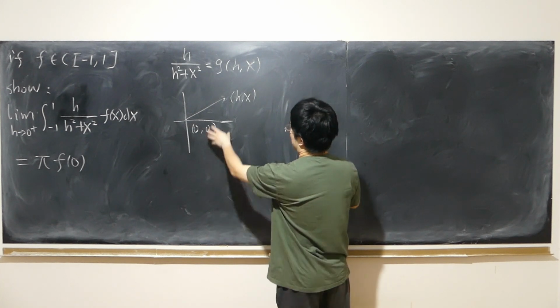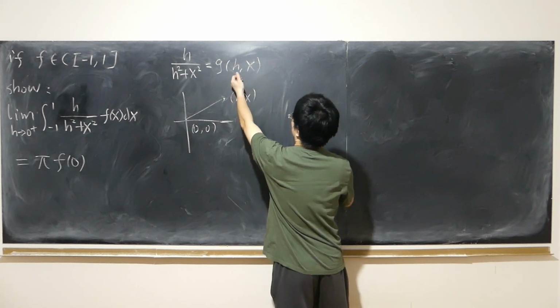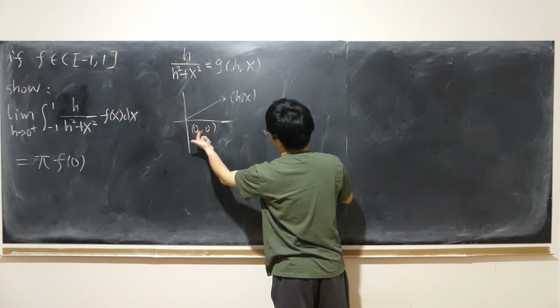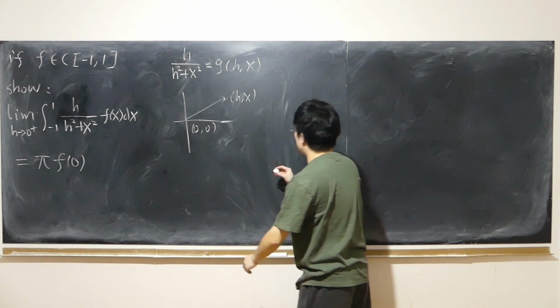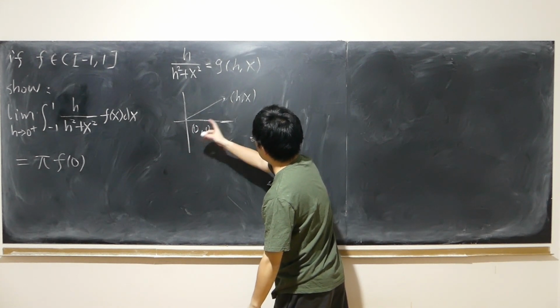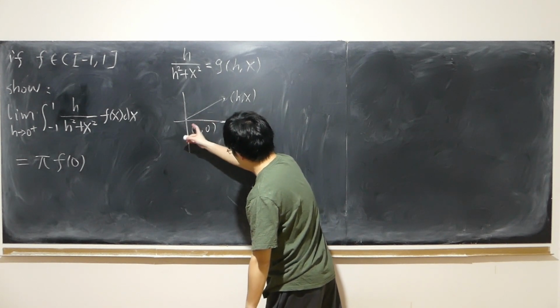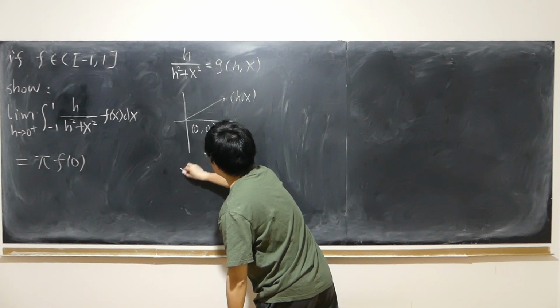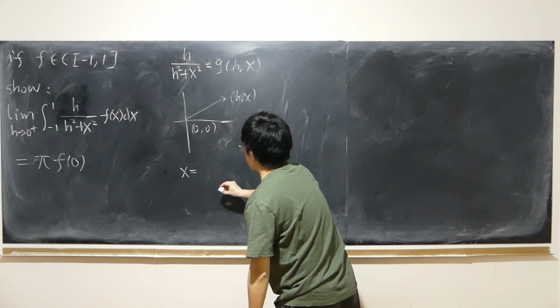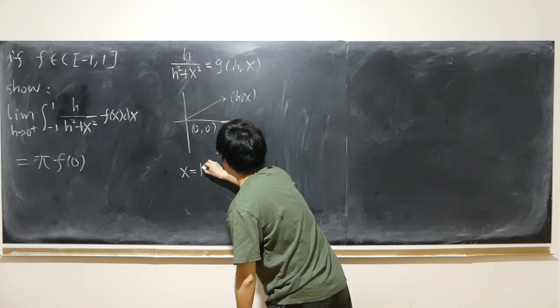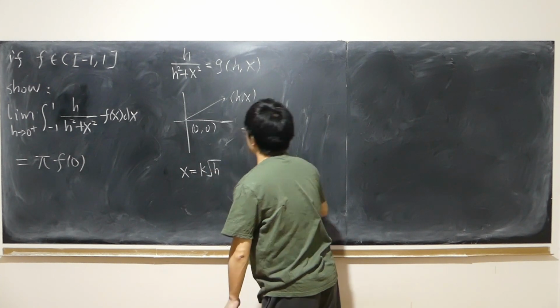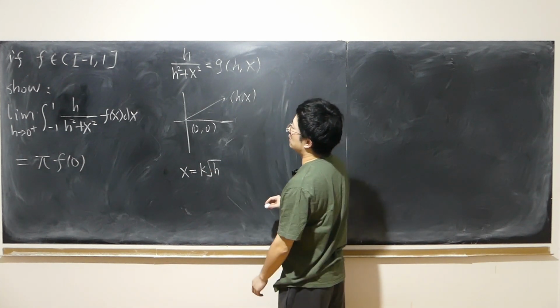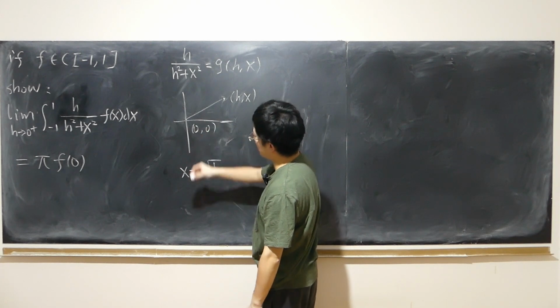So I claim that this two-variable function does not have a limit at the point 0, 0. For example, if I approach 0, 0 in the direction of x equal to k times square root of h, h positive from the right-hand side.